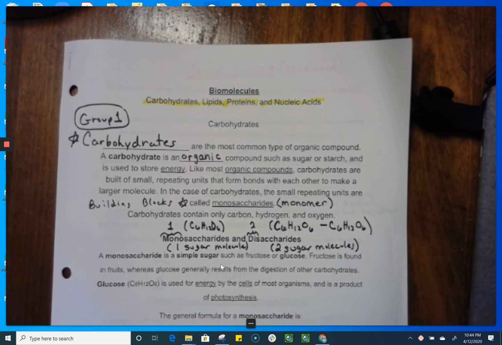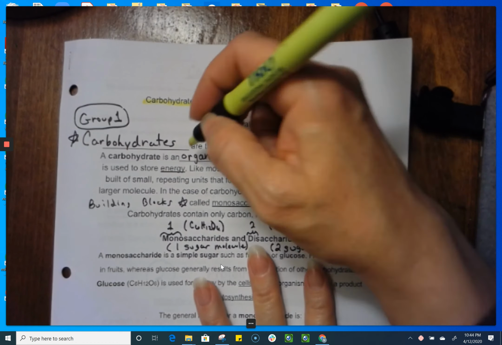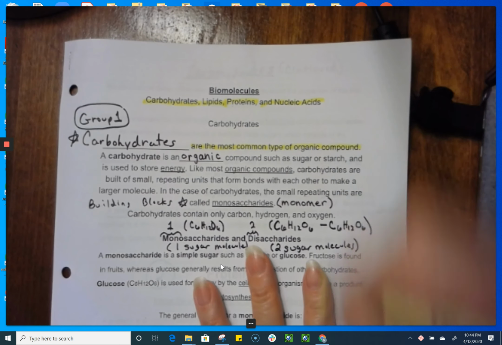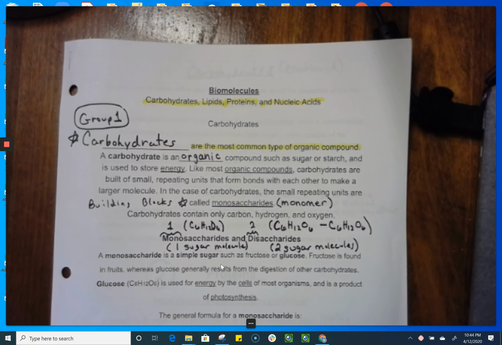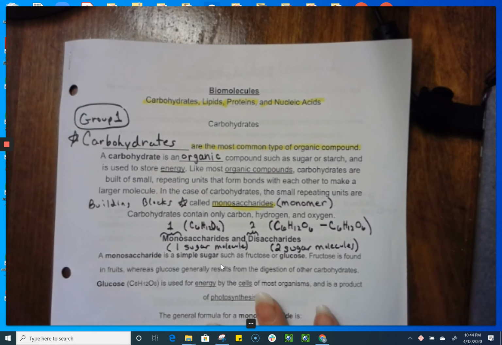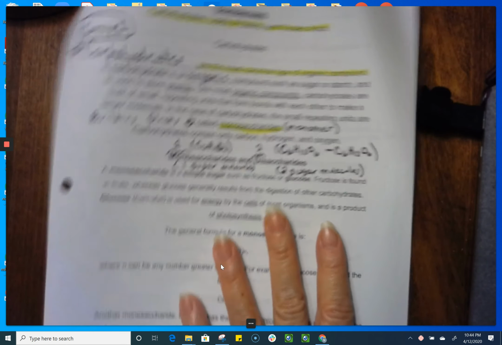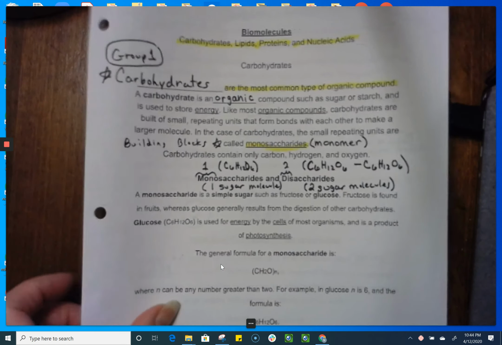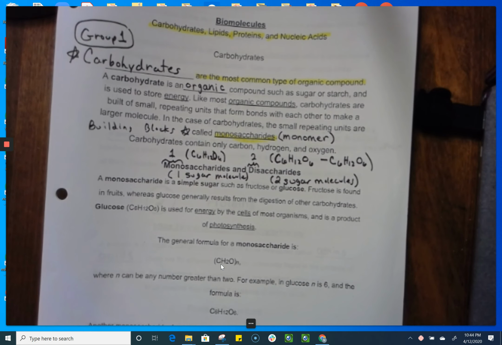carbohydrates, lipids, and proteins. Carbohydrates are the most common type of organic compounds. Once again, they have repeating units called monosaccharides. Remember, carbohydrates have only 3 elements: the carbon, hydrogen, and oxygen.